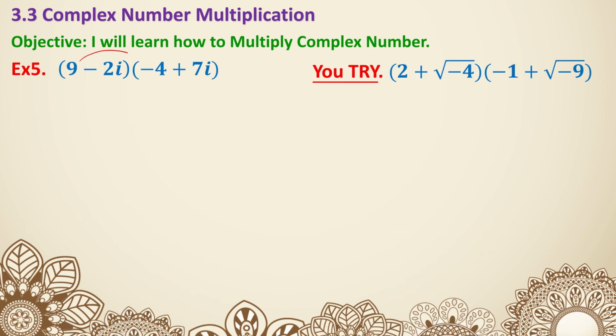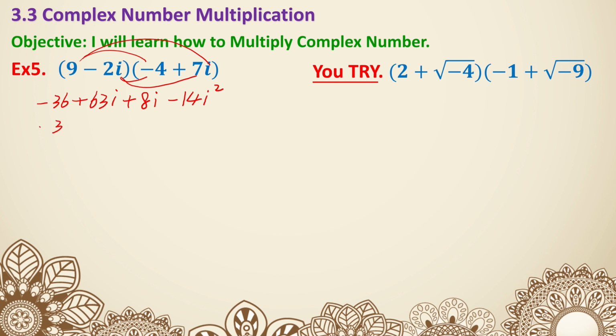Example 5. Do our distribution, and you can totally make the box if you want to. 9 times -4 is -36. 9 times 7i is 63i, and -2i times -4 is a positive 8i. -2i times 7i is minus 14i squared. As soon as we see i squared, we can already change that.